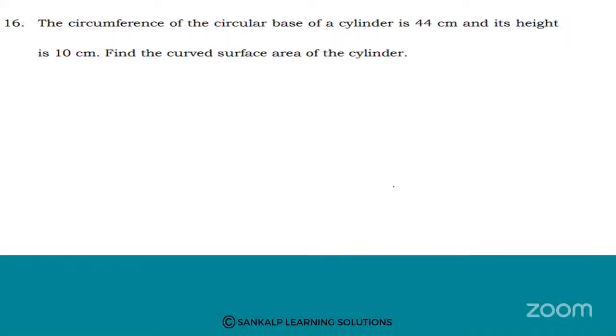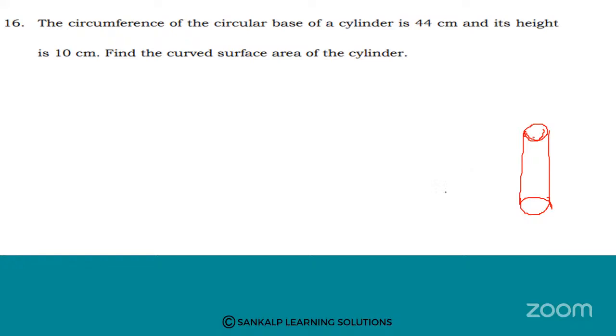The circumference of the circular base of a cylinder is 44 centimeter and its height is 10 centimeter. Find the curved surface area of the cylinder. So this is the cylinder, right? So what they have given, circumference of the circular base of a cylinder is 44 centimeter.